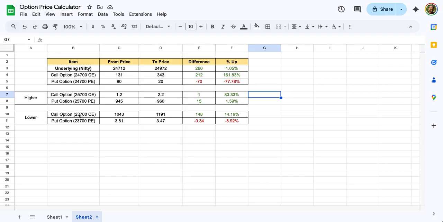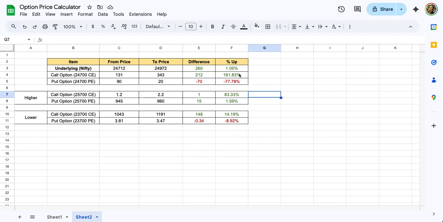And if I go 1000 points lower than 24,700, which is the 23,700 call and put option, the call became 1043 to 1191, which is 148, and the put went from 3.81 to 3.47, which is minus 0.34, which is 8%. So for the same underlying change, different strike prices move differently.